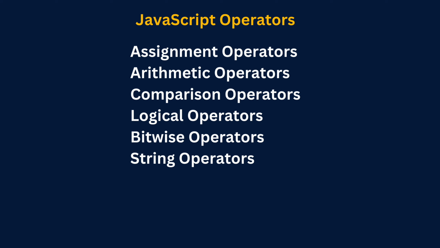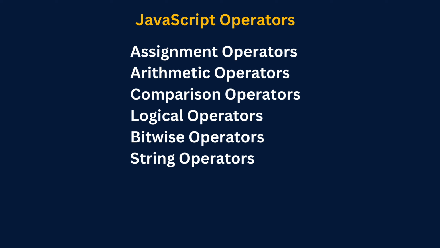Equal to; the value is assigned to the variable. Arithmetic operators: addition, subtraction, multiplication, division. Comparison operators: greater than, less than, greater than or equal to, double equal to.